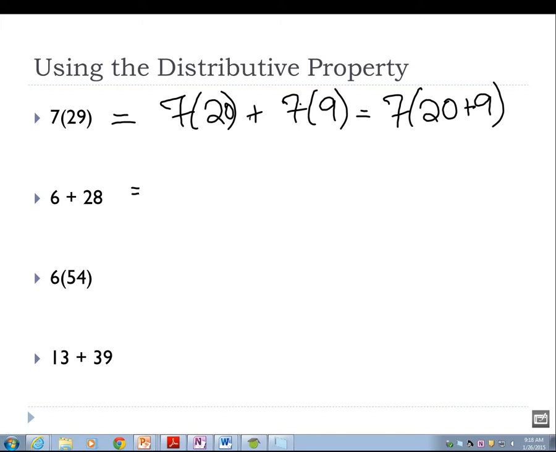Yeah. 3? Let's try 3. I pull a 3 out. 3 times what is 6? 3 times what is 28? That'd be 21. 7 times 4 would be it.